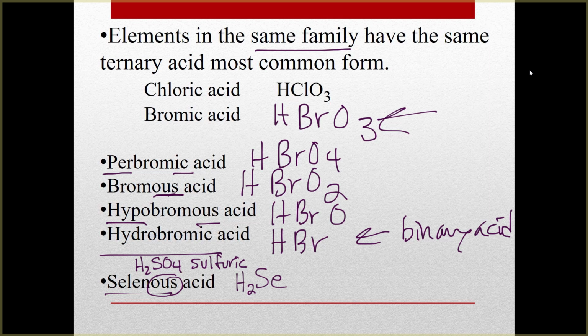Se, because now it's selenium, and then O3. I should have 1 less oxygen. That's what that ous means. And that's all there is for sulfuric and selenic, that series, there's only 2 of them. But again, if it's in the same family, then they'll pattern after each other.